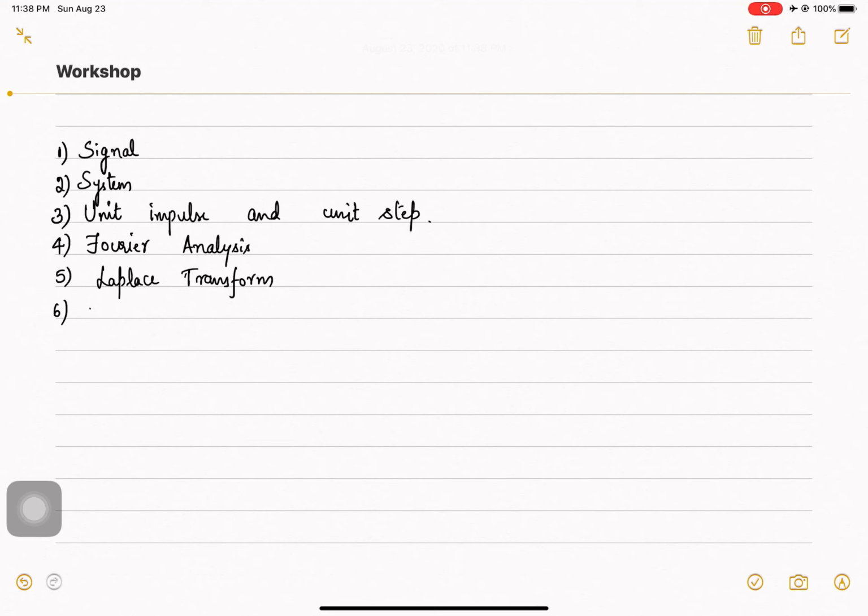And next I'm going to go into what is called the Z transform, which is nothing but a discrete time equivalent of your Laplace transform, right? And I'm going to outline two simple systems, basically a digital filter.